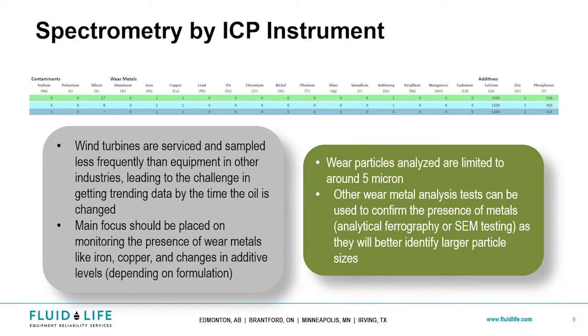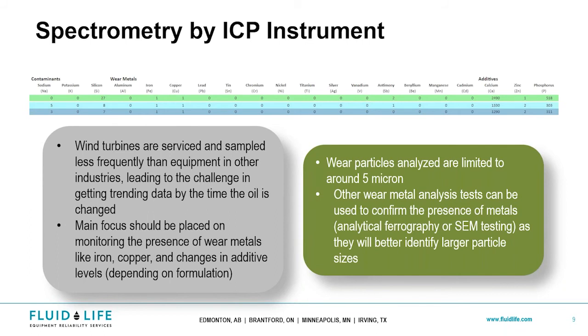You're going to look at 1, maybe 2 sample points and 1 or 2 samples per year on this equipment. So the big challenge with oil analysis as a whole is that you don't have a lot to go off of. There's not a lot of data points to refer to. There's not a lot of perspective to gain or draw, other than catastrophic failure type situations.